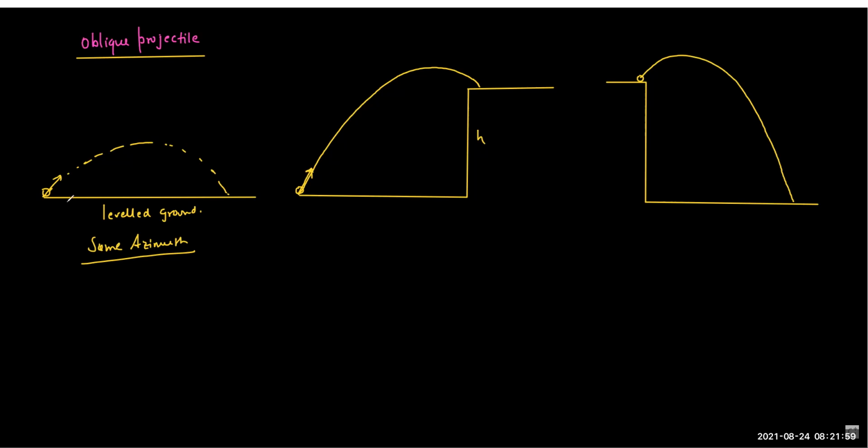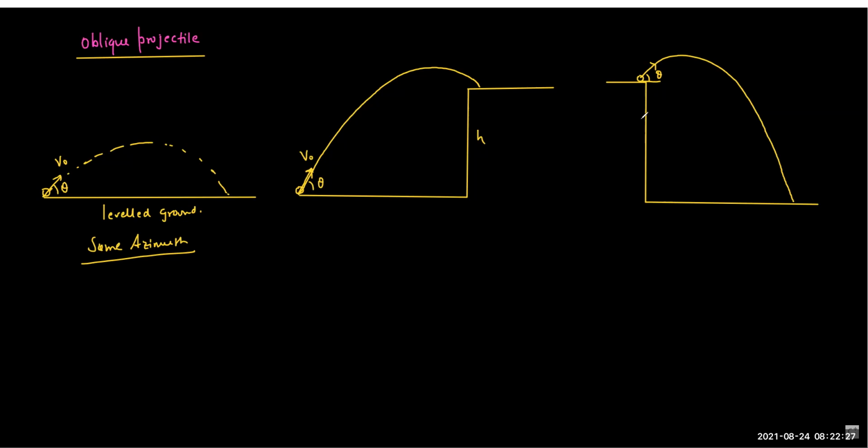Now we can obviously understand if the angle is the same in each case and if the initial velocity is also the same, what will differ is the time. So we can see that the time will be least for maybe case number 2.